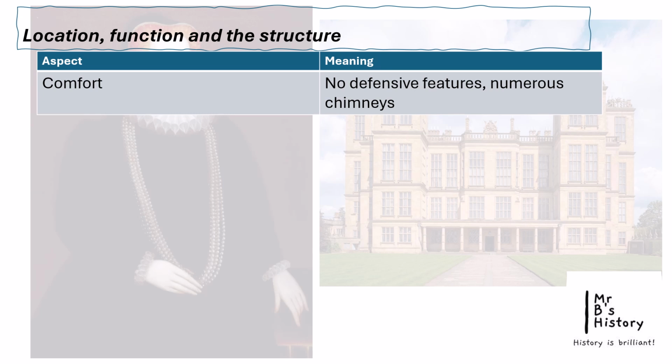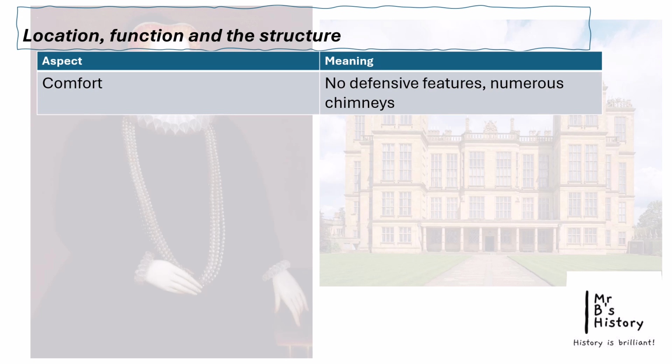Then it's about comfort. If you think when William the Conqueror came over to England, he builds motte and bailey castles. Castles were the main accommodation for rich nobles throughout the medieval period.